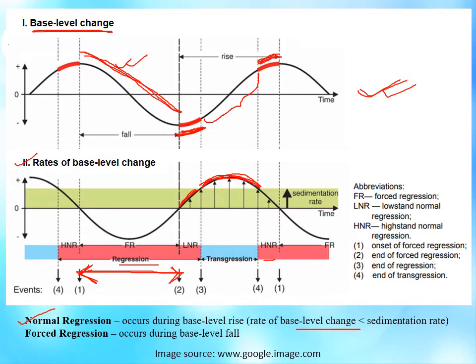And sometimes, although sea level might increase, due to a higher sedimentation rate than the sea level increase, the area suffers regression. So it is known as forced regression. So forced regression means, suppose your sea level increase is 1 centimeter per year.